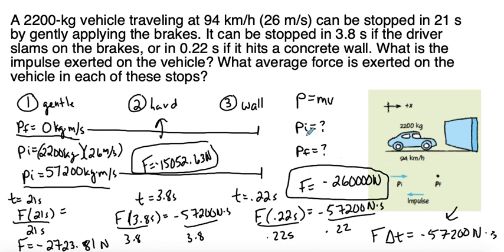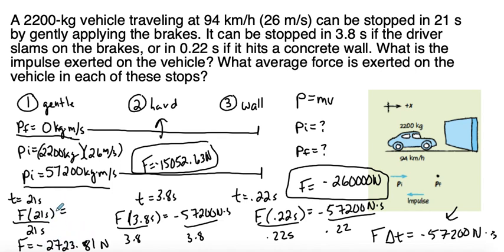Okay, so we can kind of analyze these three scenarios a little bit. We have a force of negative 2,723 here, negative 15,052 here, negative 260,000 here. The thing that changed here was the time. So if we look at how impulse works, if we have a longer time, then we're going to have a smaller force.